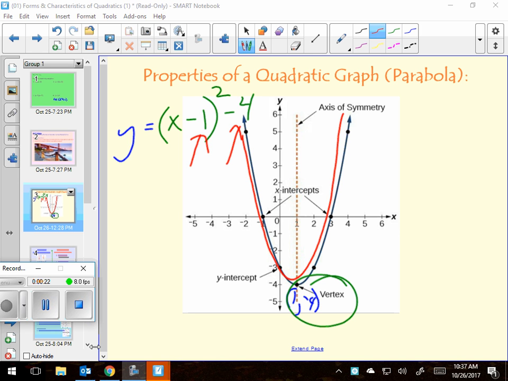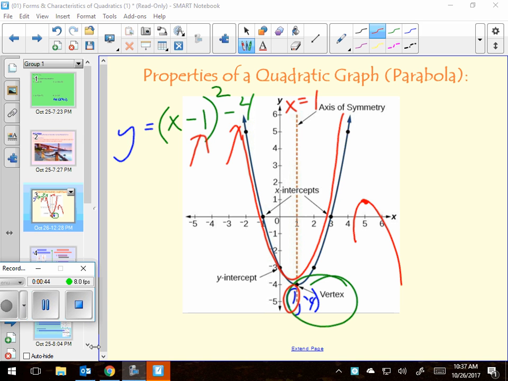And that little axis of symmetry line that runs right down the middle, it goes through this part of the vertex. Now I want you to make this correlation. That means that that 1 there is x equals 1, and that is the axis of symmetry line. That means if I give you a different vertex, let's say I said this was the vertex over here. I have a different parabola that's like upside down and goes through that.